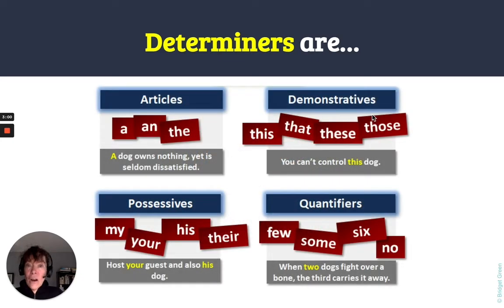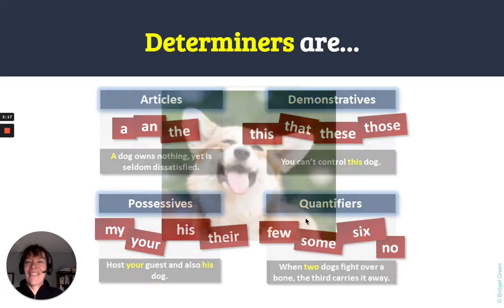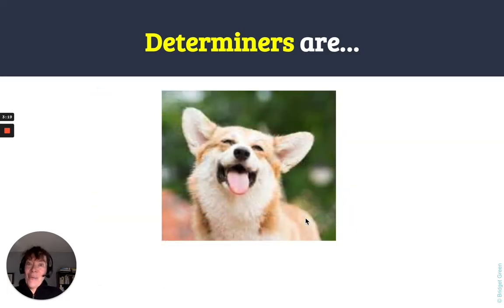And here are the most common determiners: a, an, and the, this, that, these, those, possessives like my, your, his, and quantifiers. We're going to talk today about articles and quantifiers.